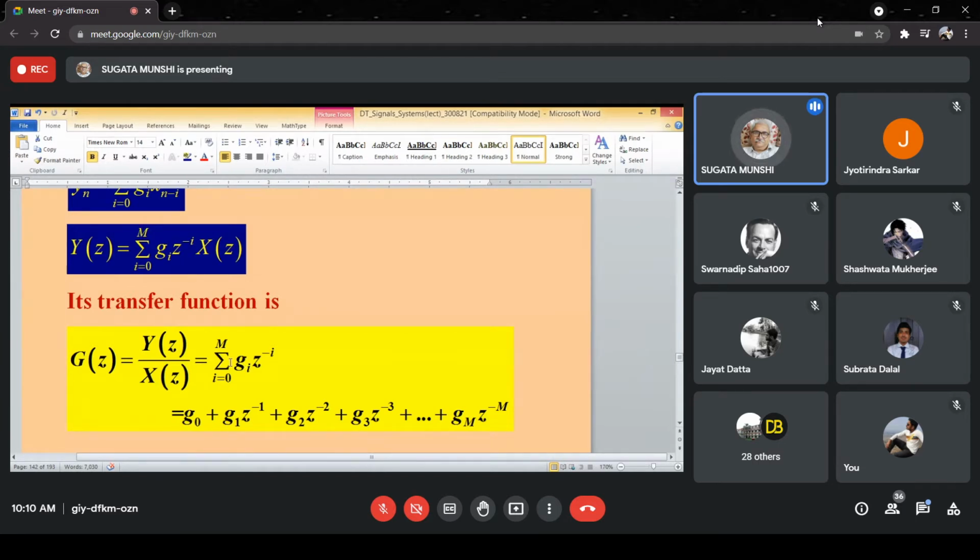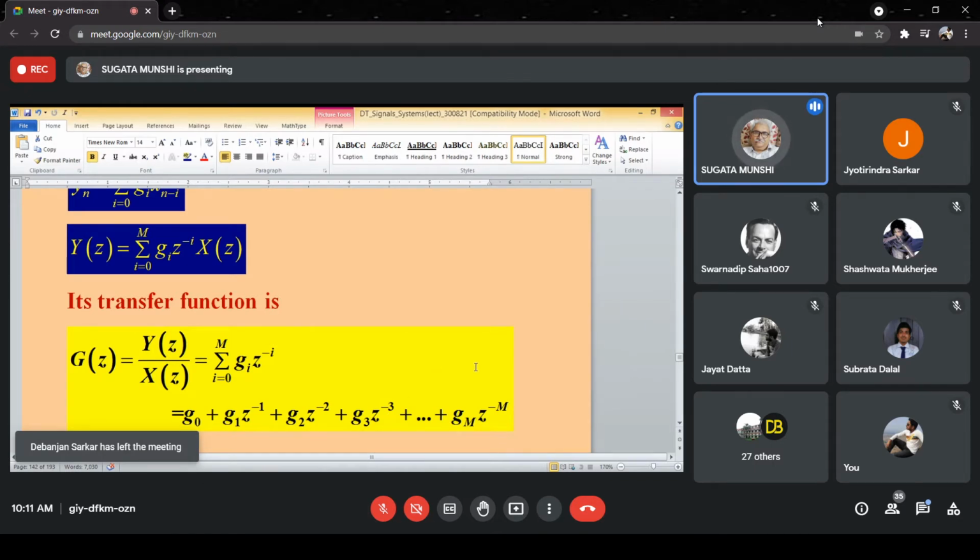If I blow up this summation, it is g0 plus g1 z to the power minus 1 plus g2 z to the power minus 2, etc., up to gm z to the power minus m. You can think of these terms as g1 by z, g2 by z squared, g3 by z cube, etc.